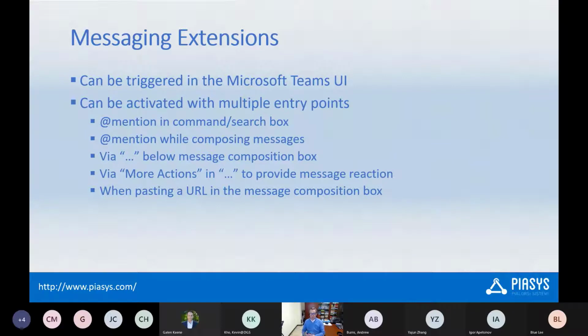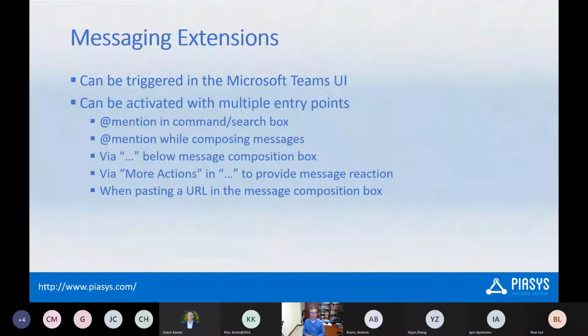A messaging extension can also be activated in the command bar in the top area of the Microsoft Teams client, simply using again the @mention syntax, and can be used to execute a command or to search for some specific content, which can rely on any kind of backend service or infrastructure.